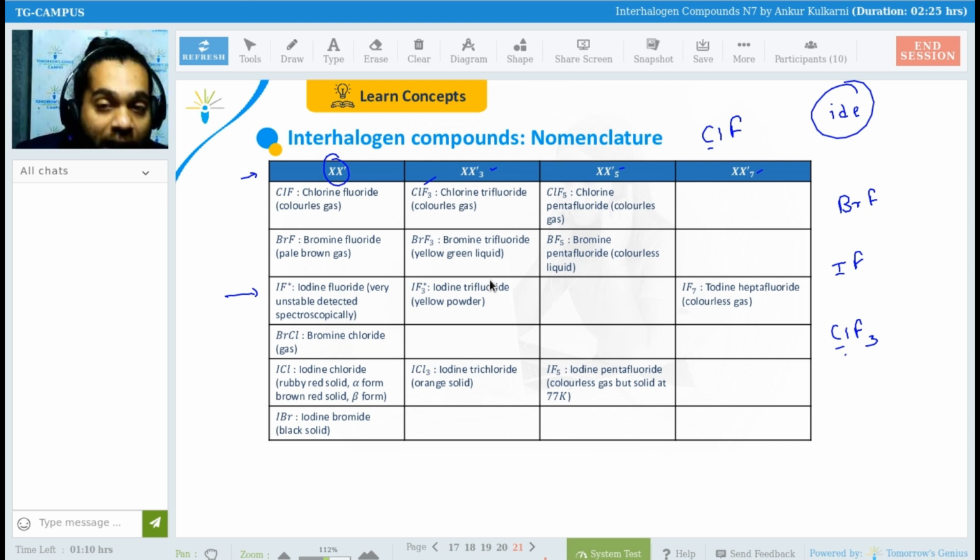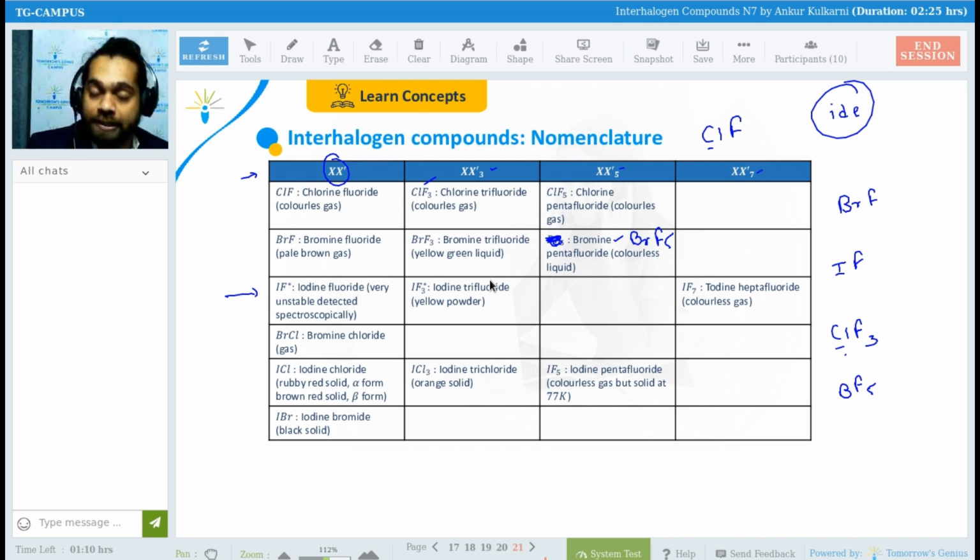Similarly, BrF5, bromine pentafluoride. Is it clear, everyone?